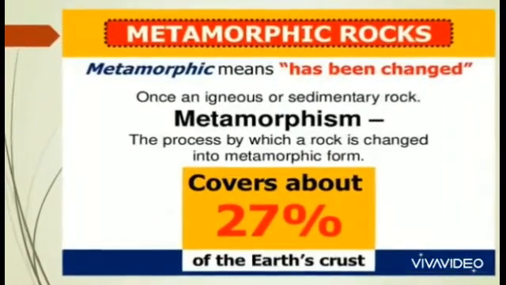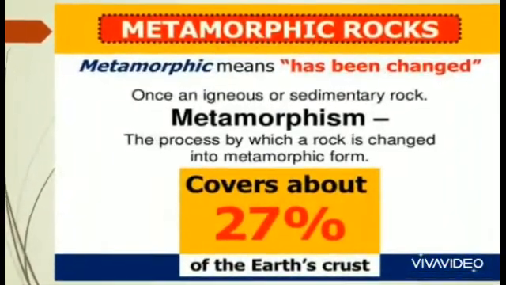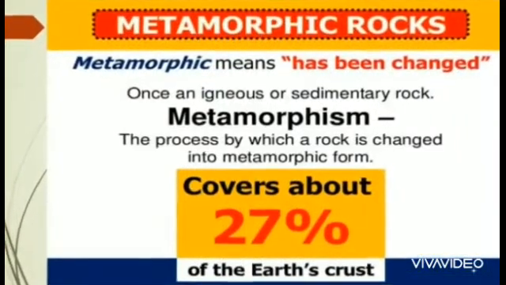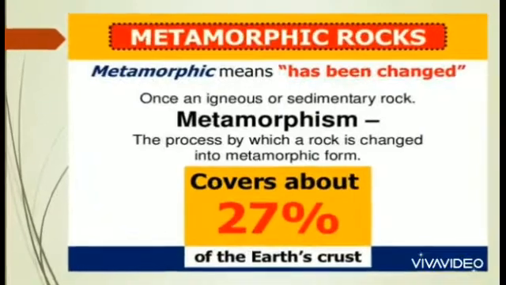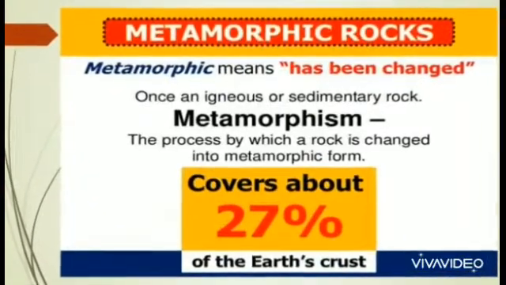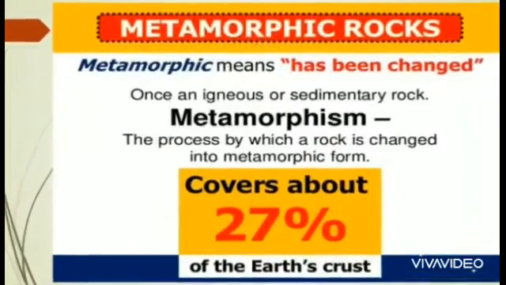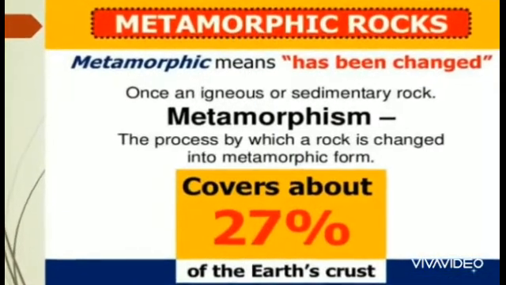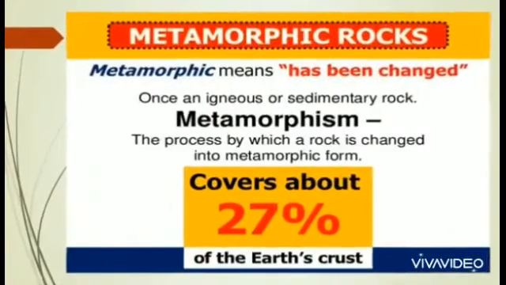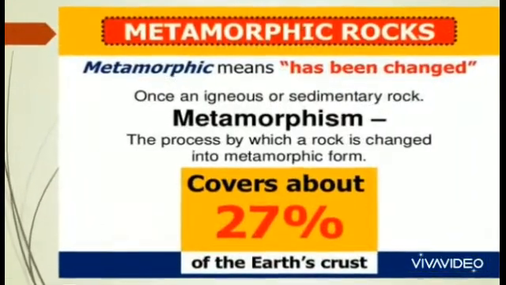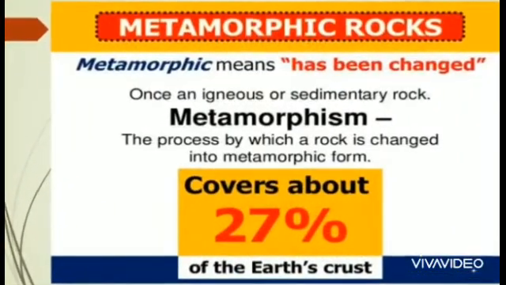Metamorphism is the process by which a rock is changed into metamorphic form. Metamorphic rocks cover about 27% of the Earth's crust.